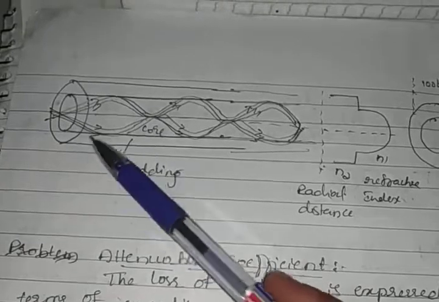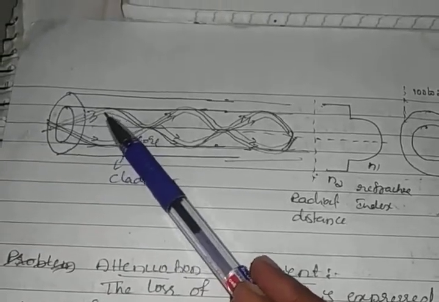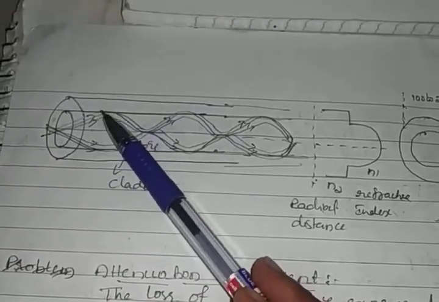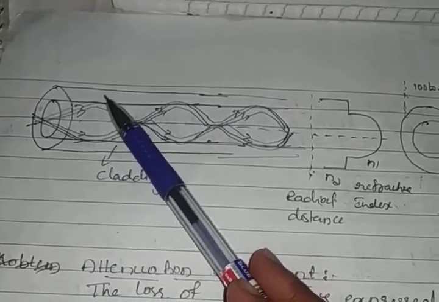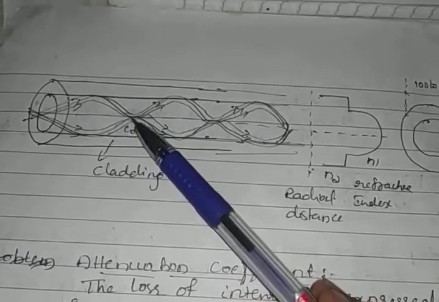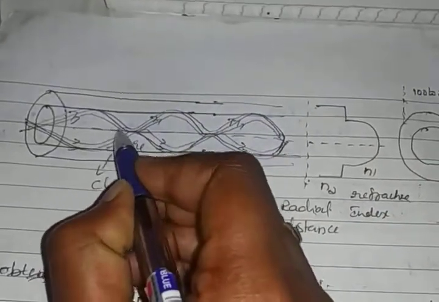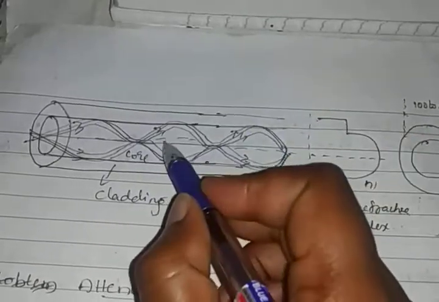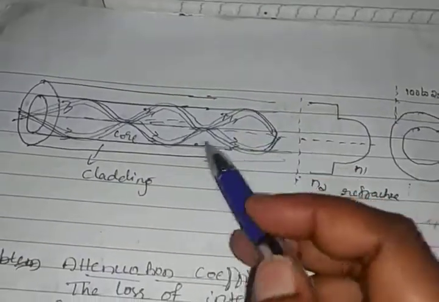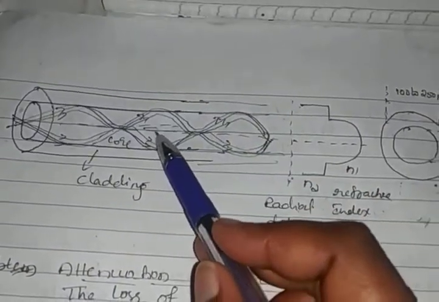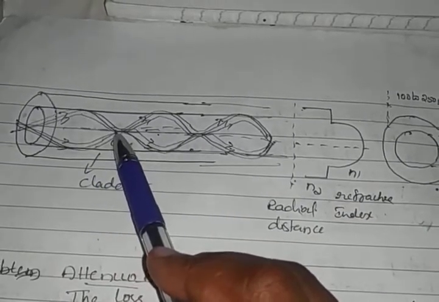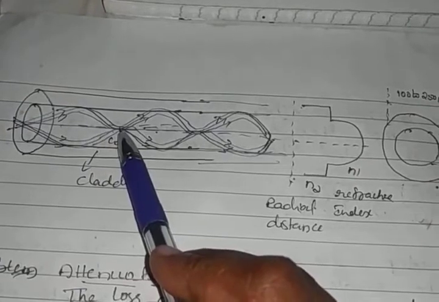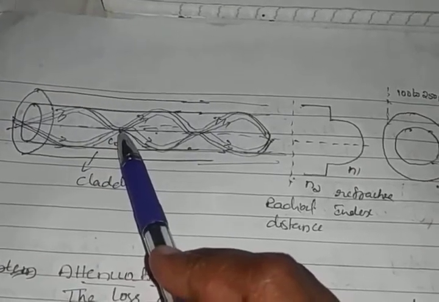Inside the core, the light ray is incident on the core-cladding interface. At that point, refractive index is decreased, and at the optical fiber axis of the core, at that point the refractive index is maximum.